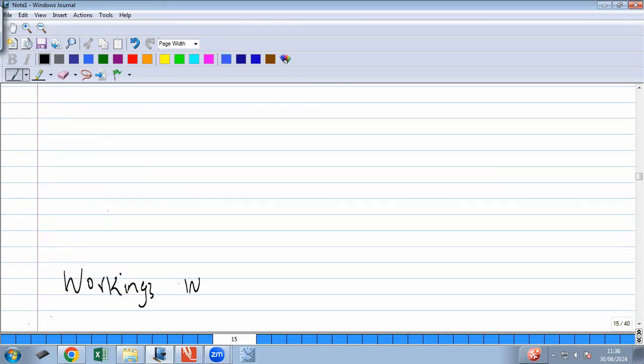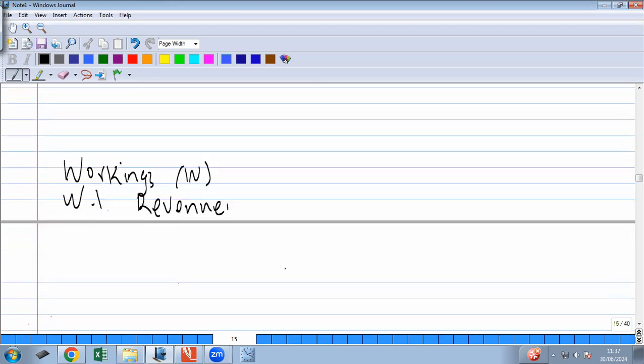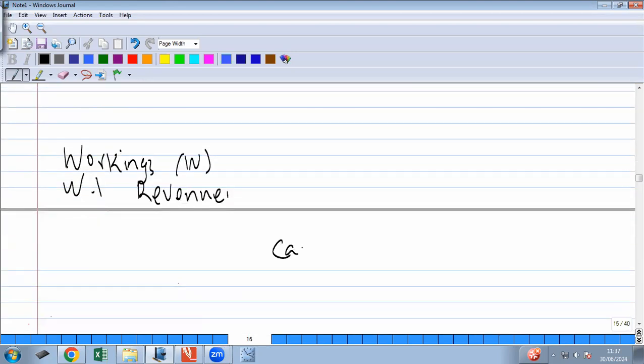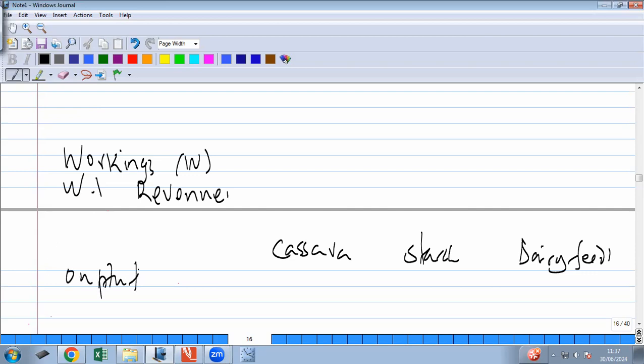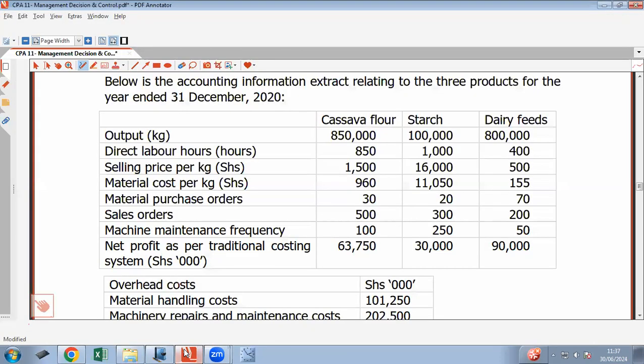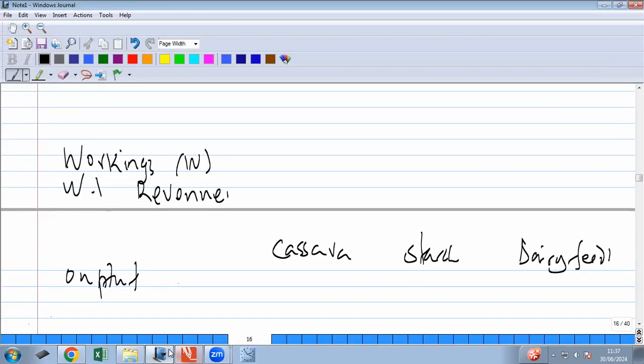We say workings W, and this is working one. This is our revenue. In revenue, we have our products: cassava, starch, and dairy feeds. So we have output, did they give us output? 850, right? So it can be 850.